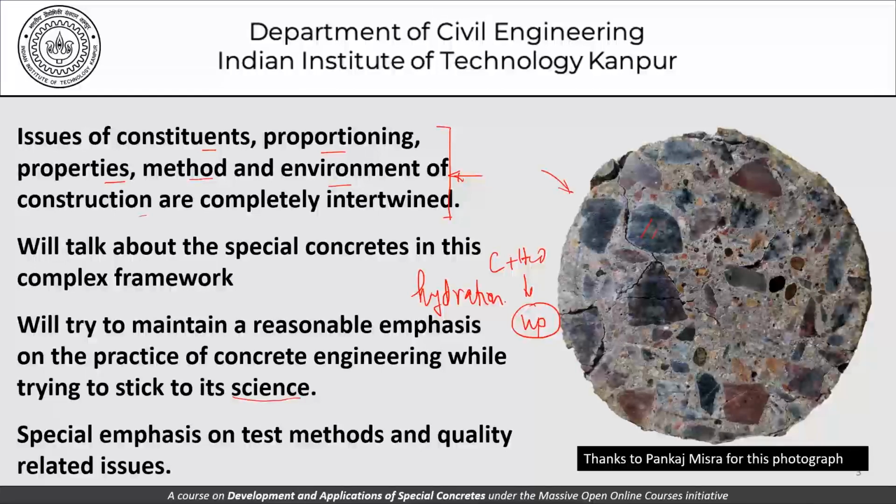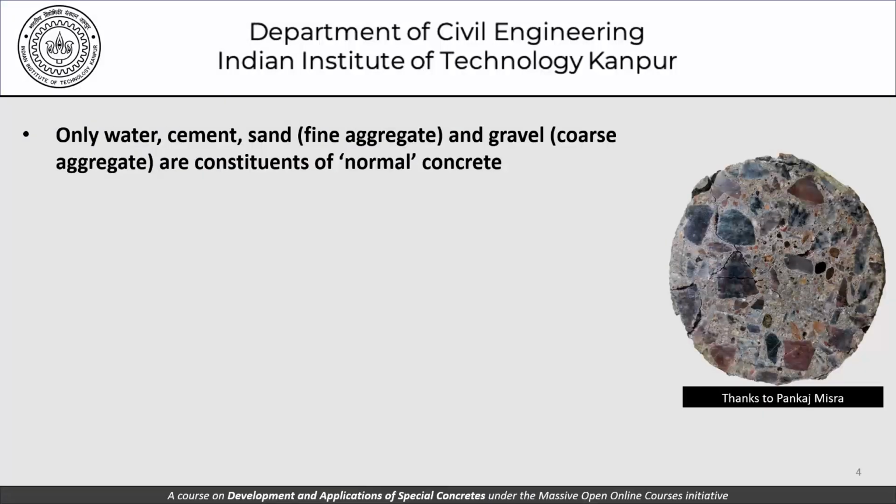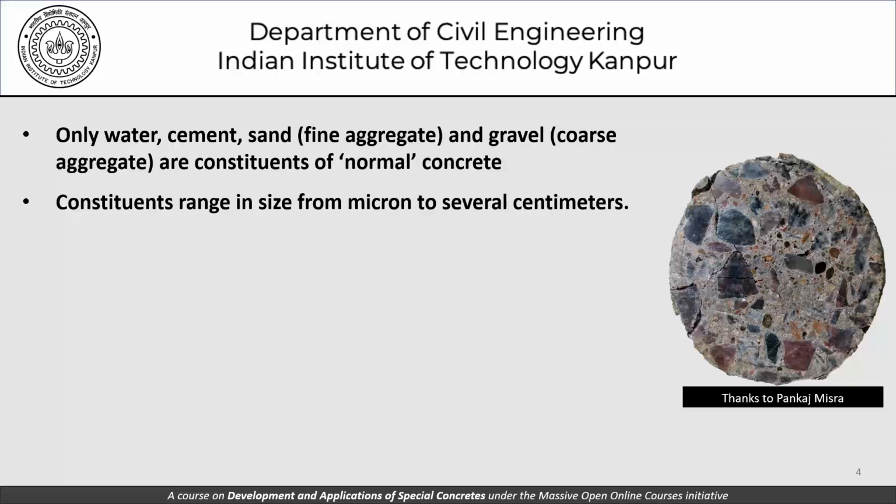Now, as far as normal concrete is concerned, the only constituents that we will consider are water, cement, sand, which is fine aggregate, and gravel, which is coarse aggregate. Constituents in concrete, as you can see, range from microns to several centimeters. This picture I told you is a very useful picture and I'll probably keep referring to it all the time. This aggregate here is a coarse aggregate, and this aggregate is also coarse aggregate.